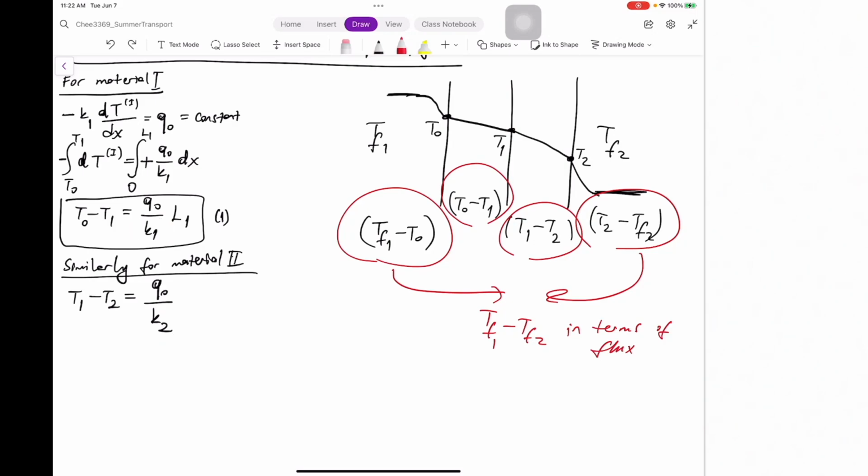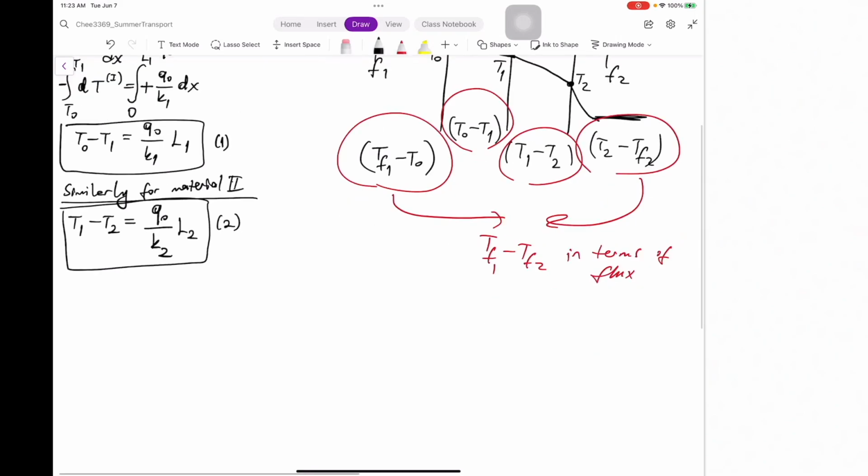And instead of L1, it has a thickness of L2, which is L1 plus L2 minus L1. Let's call this equation number 2.